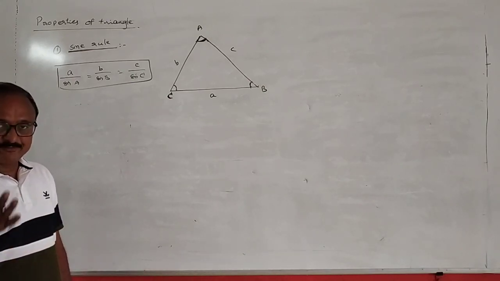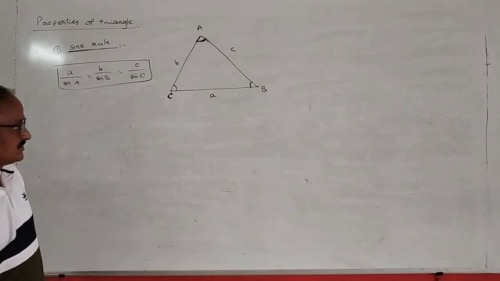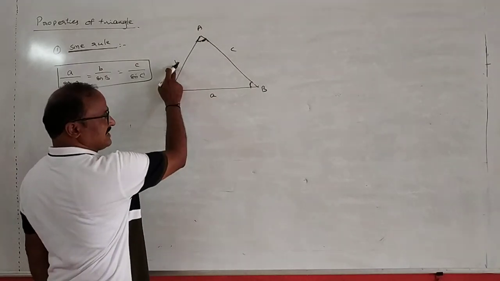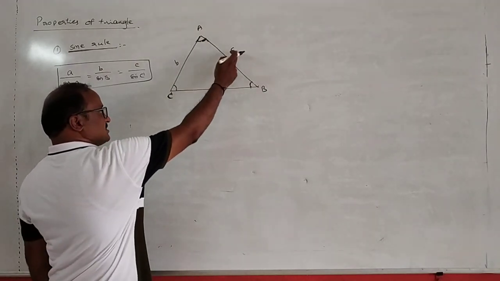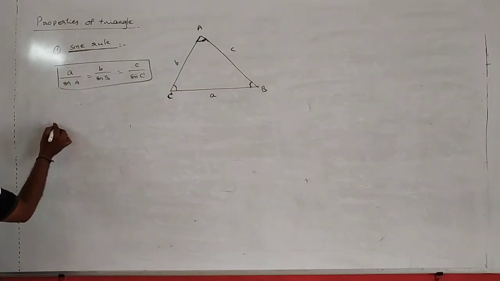Small a, small b, small c are the lengths of the three sides of the triangle. Small a is the length opposite to capital A, small b is the length of the side opposite to capital B, and small c is the length opposite to capital C. This is called the sine rule.